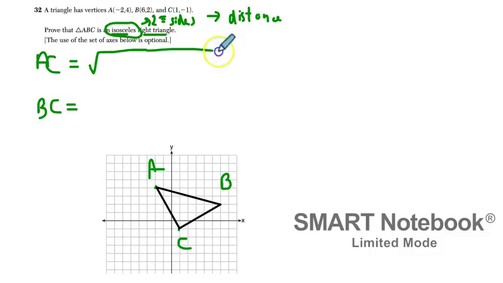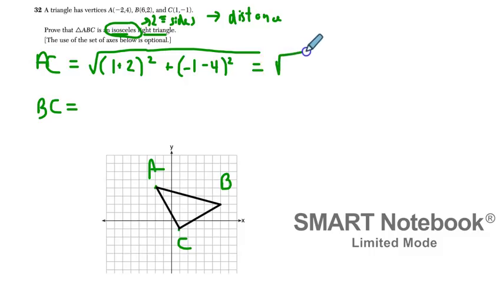So AC, distance formula, x2 minus x1, so 1 minus negative 2, or 1 plus 2, squared, plus y2 minus y1, negative 1 minus 4, squared. It's equal to 3 squared plus negative 5 squared, which is 9 plus 25, or 34.